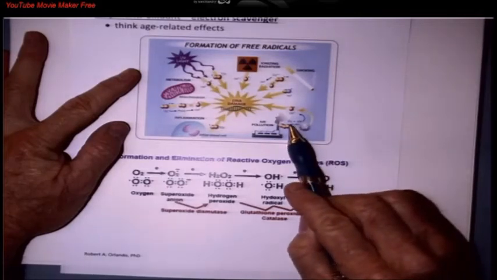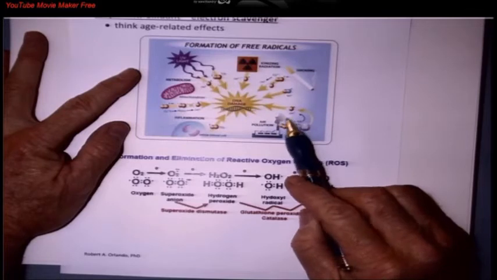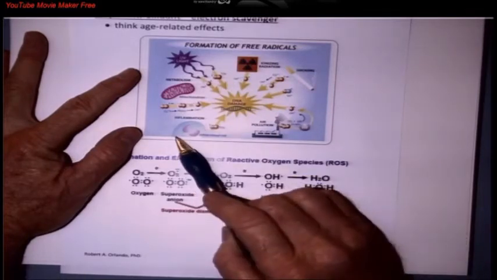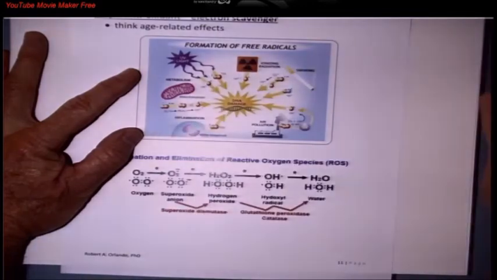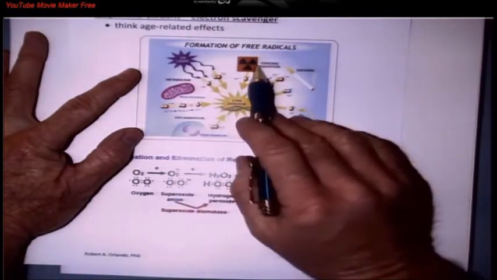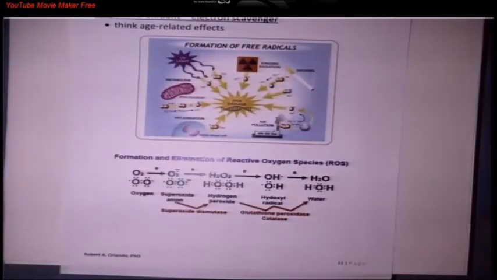Here's your O3, your ozone conversion to free radical oxygen molecules. Inflammation from our inflammatory bursts. Mitochondrial action from the electron transport chain generates free radicals. UV light, radiation. All of those, I call this aging, right? The longer you're on the planet, the more insults you have.